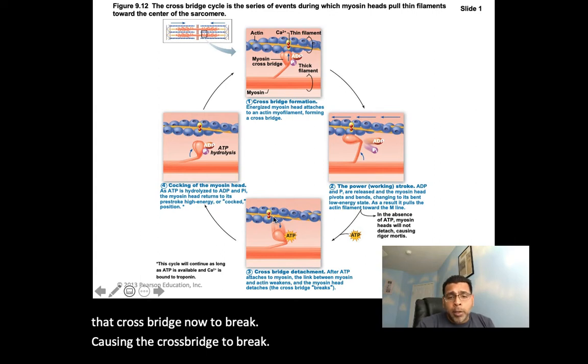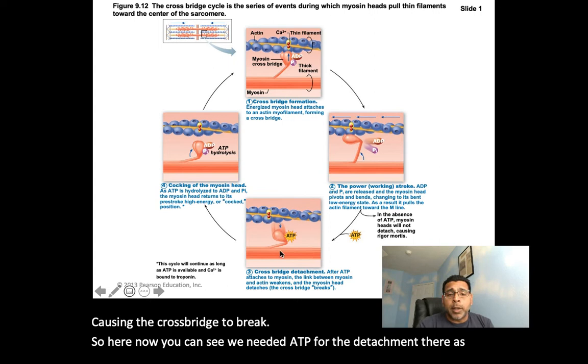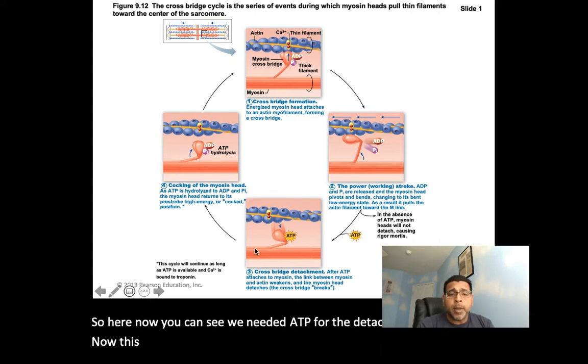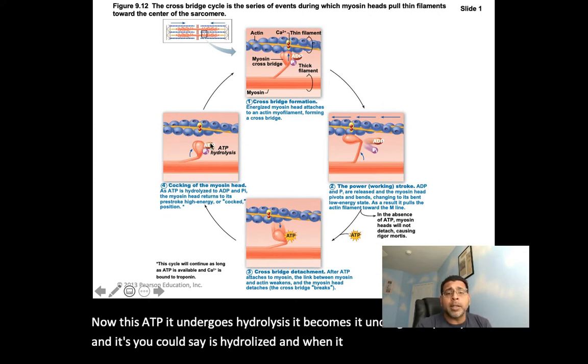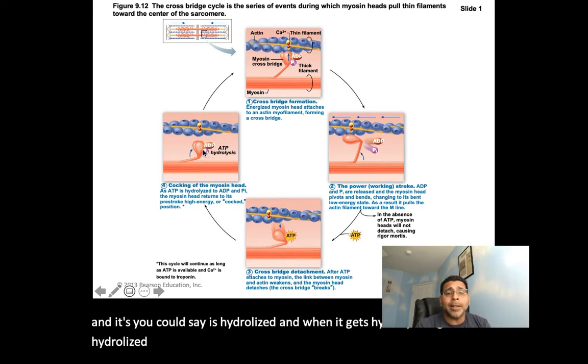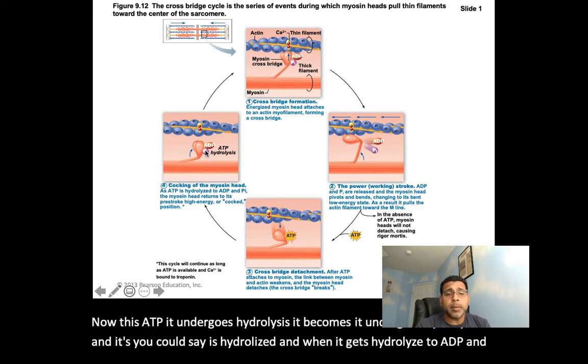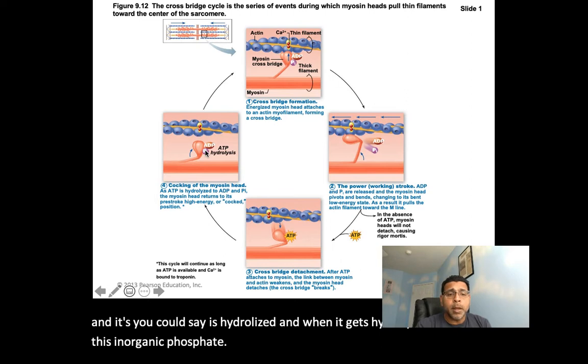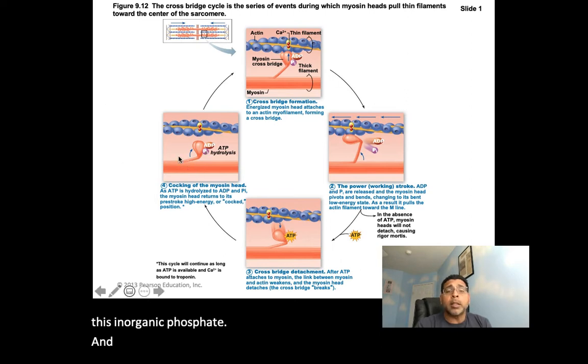So here you can see we needed ATP for the detachment. Now this ATP undergoes hydrolysis, and it is hydrolyzed to ADP and inorganic phosphate. Now it's in the cocked position.